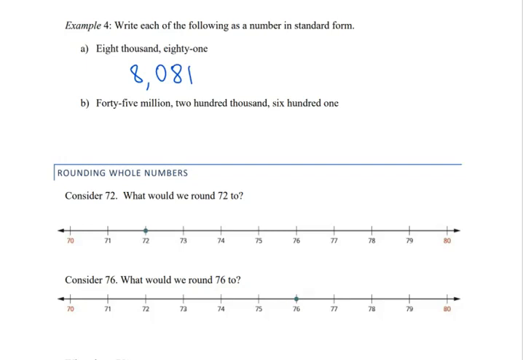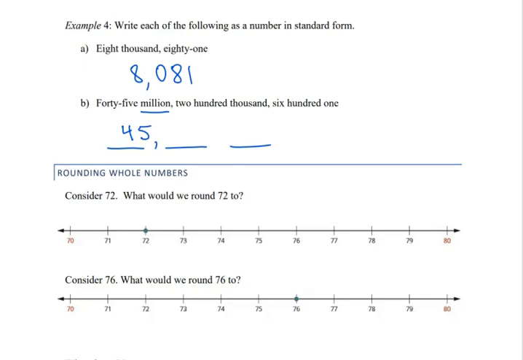So the next one is 45,200,601. So the 45 million tells me that I am going to have 3 groups or 3 periods, okay? So I have the millions, I have the thousands, and then I have the ones. So let's go ahead and write your 45 million. So it's 45, and that's the million place.